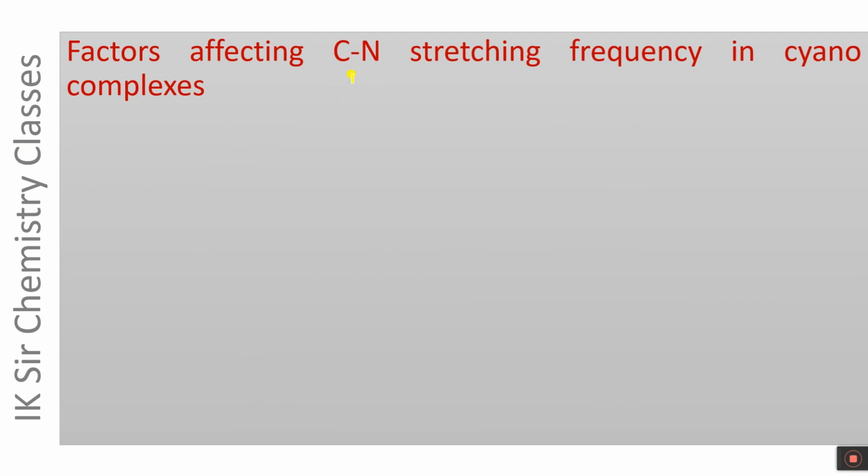Factors affecting CN stretching frequency in cyano complexes. The CN stretching frequency in cyano complexes depends upon the extent of CN⁻ to metal sigma bonding and metal to CN⁻ pi bonding.